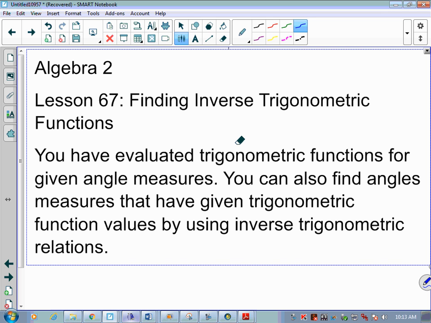If I had an angle of 30 degrees and a side that was 4, I could find the length of the missing side if it was a right triangle. What we're doing today is taking a right triangle where we already know all the side lengths and finding the missing angle measure that goes with it. Does that make sense? Maybe, maybe not, but we'll see it in a second.